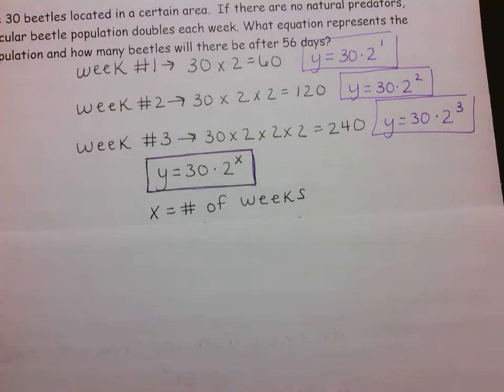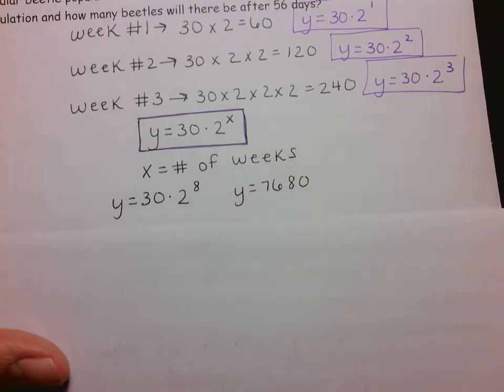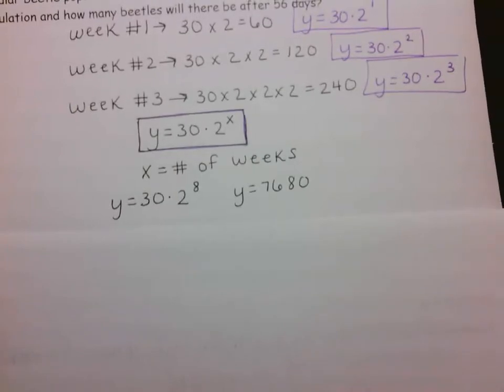Well, now let's answer the question. How many beetles will there be after 56 days? 56 days is 8 weeks, so we will have a total of 7,680 beetles. Now go ahead and hit pause and work out the next on your own problem.